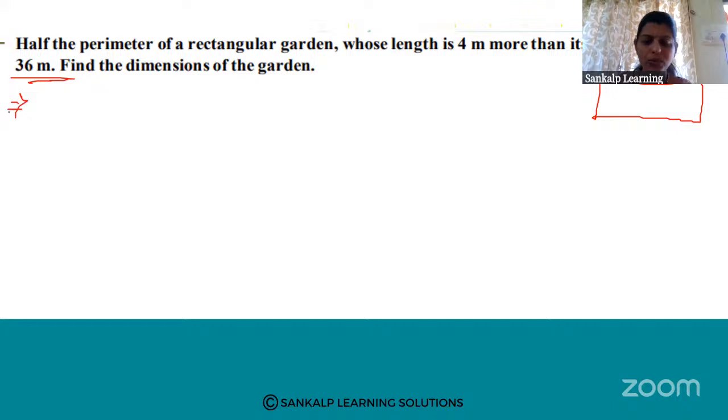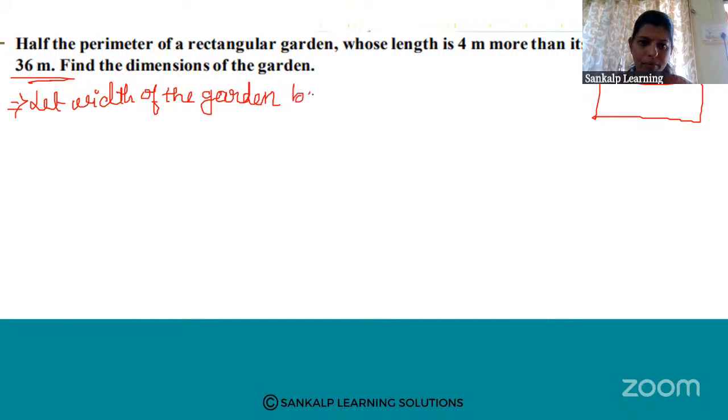Now let the width of the garden be x meters, then the length of the garden be x plus 4 meters, right?